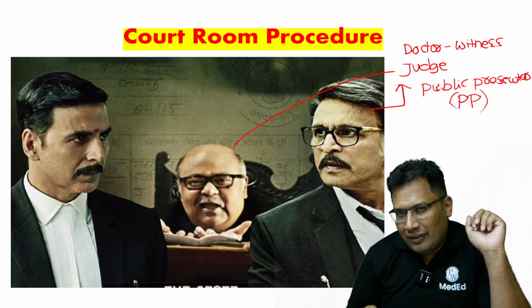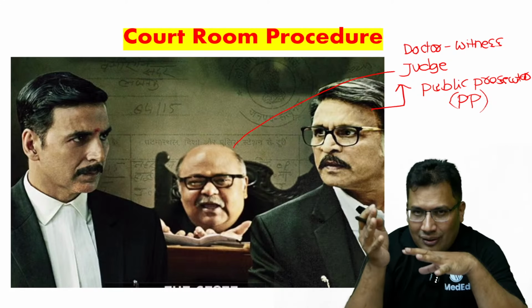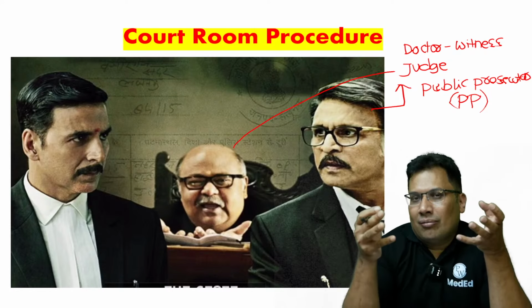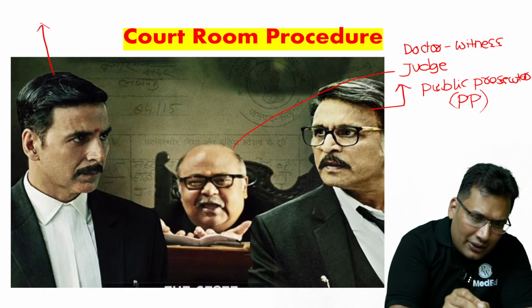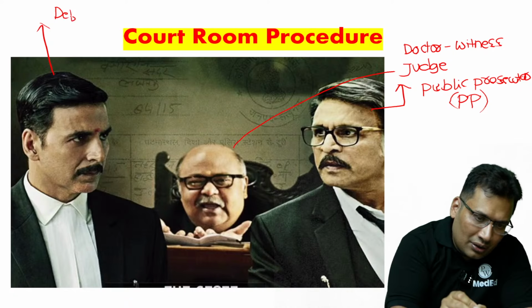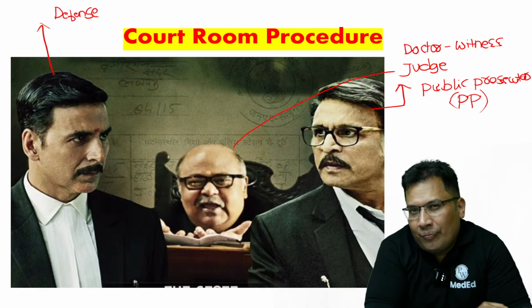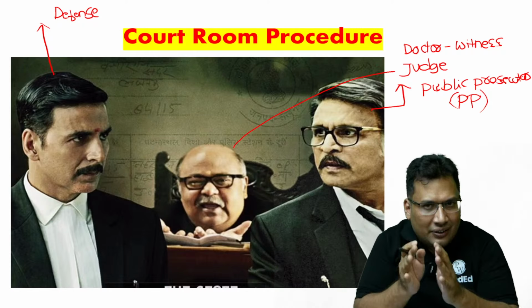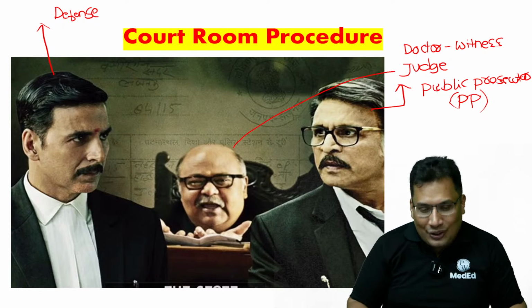In a criminal case, as you know, the accused versus state, the counsel of the victim is the public prosecutor. And consider him as defense advocate. Defense are the opposite party. Okay? Witness, that is the doctor, is the witness. Judge, public prosecutor, and defense lawyer or defense counsel.